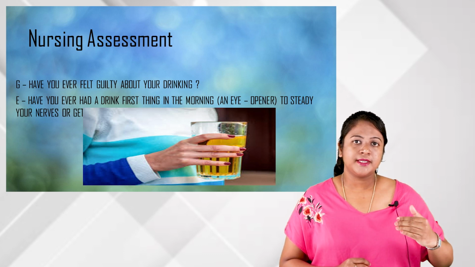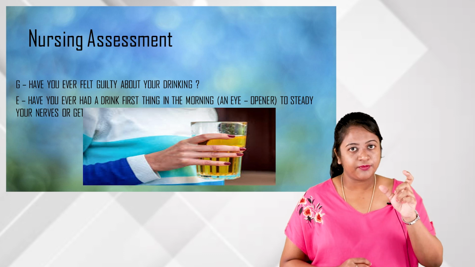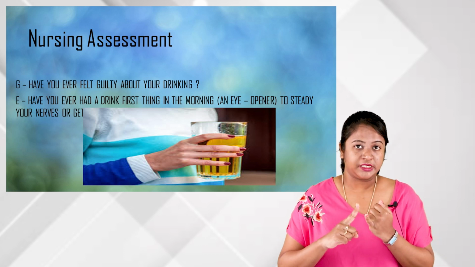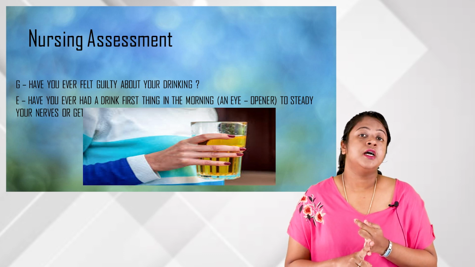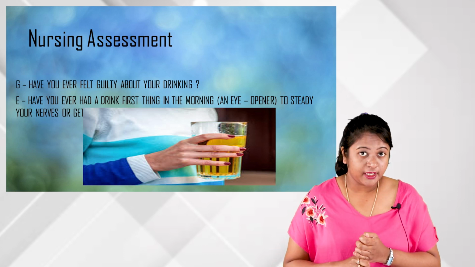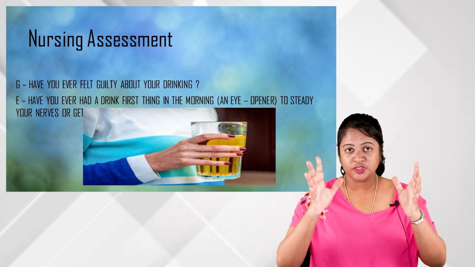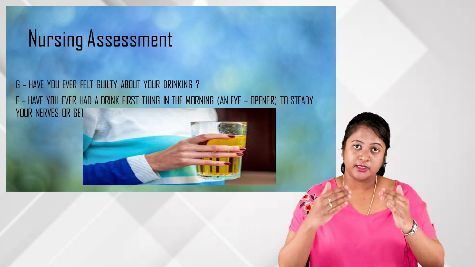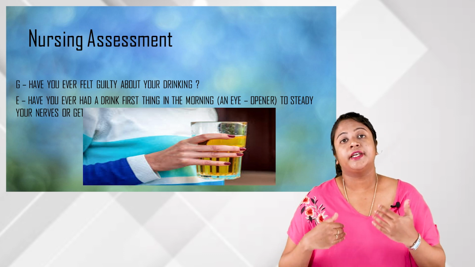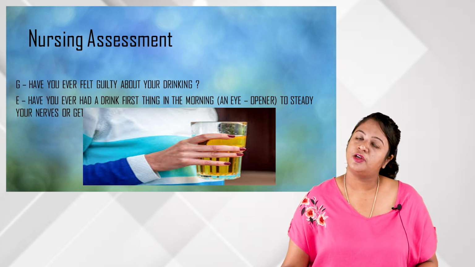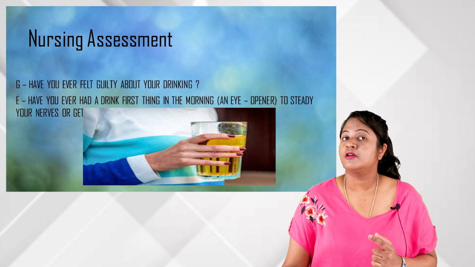Based on this CAGE questionnaire, there will be questions related to cutting down drinking, annoyance, guilt feelings, or eye opener. Based on these four alphabets, there will be a set of questions that the client may have to answer, and based on that you're going to find out whether the client is dependent on alcohol or not.